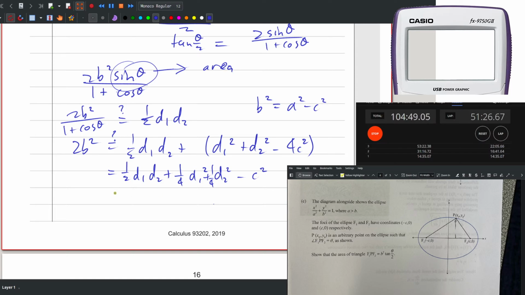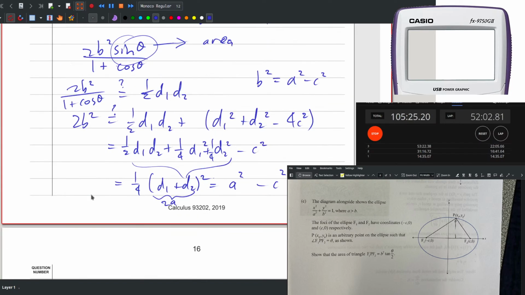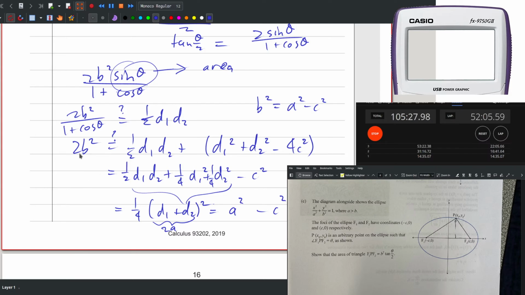And then this supposedly gives a half a squared, because it's a quarter d1 plus d2 squared, which is a quarter a squared. No, it is a squared because this one is 2a. But why is this 2, right? It doesn't make sense.